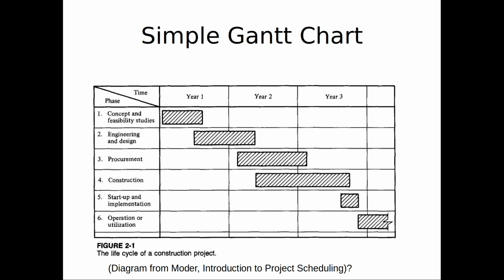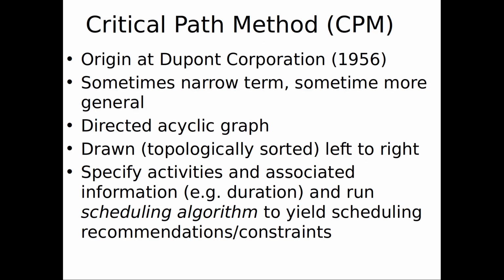Why am I saying this doesn't help a lot? Because you don't know the dependencies. You don't know what depends on that, right? Maybe the engineering design has to be done before the construction can start. And if this slips, that implies that slips. And these things slip as well. It's not clear what depends on what in their pure form, in their original form, and in most common form.